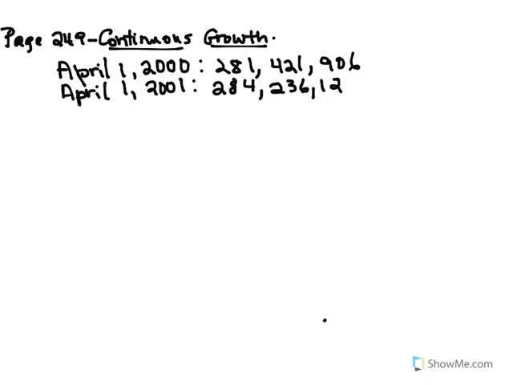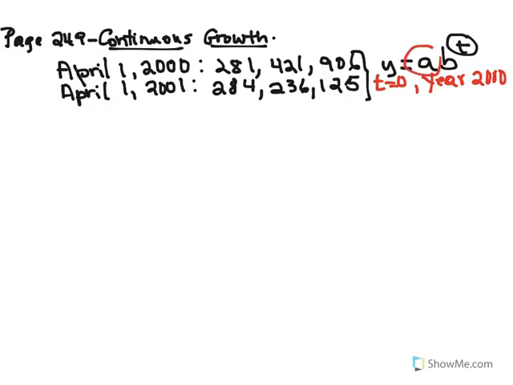Okay, so if we assume exponential growth, the US population can be modeled with a function that is written in this form: a times b to the t. Now, t would be the number of years since t equals 0. So I'm going to assume that t equals 0 represents the year 2000.